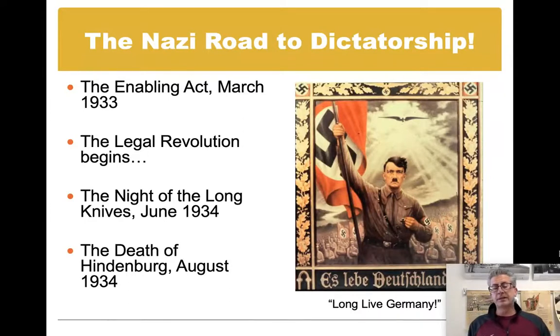What it simply does is it gives more of the legislative making process to the Reichstag's Chancellor's Council. And really, the Reichstag Chancellor's Council is simply just going to rubber stamp what the Chancellor wants. And so the legal revolution is going to begin here.